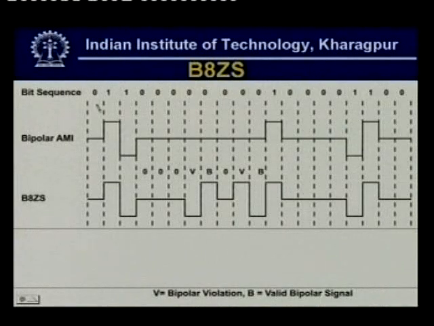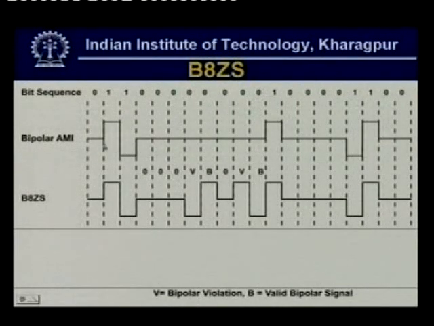Let me illustrate it with the help of an example. Suppose the bit sequence is 0 0 0 1 1 0 0 0 0 0 0 0 0 1 0 0 0 0 1 1 0 0. Here you have got 8 zeros, 1 2 3 4 5 6 7 8, and after that it has got 1 0 0 0 0. There are 4 zeros. After that there is a 1 1 0 0.